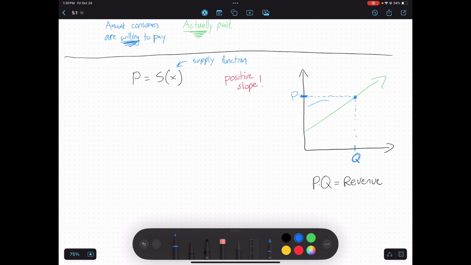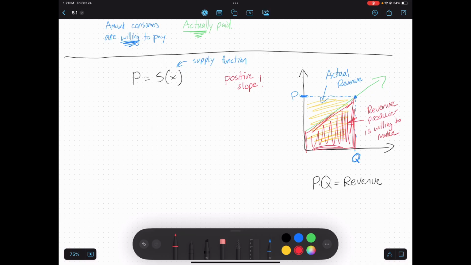But in this case, that area is bigger than the area under the curve, right? The area under the curve is this area right here. And in this case, that's a good thing. Why? Because now the actual revenue is bigger than the revenue the producer is willing to make.